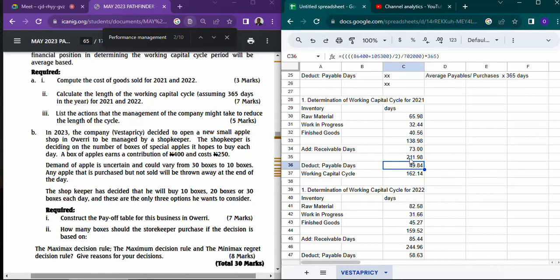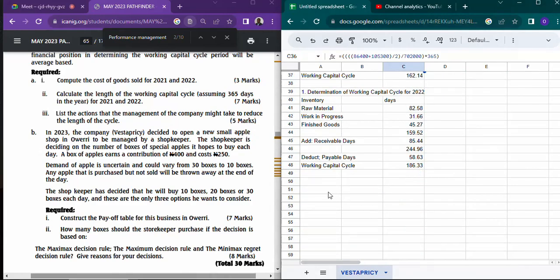So our advice will be around how to reduce the inventory days, reduce the receivable days, and then increase the payable days. So what are the ways it could adopt to do that? That would be our major question.